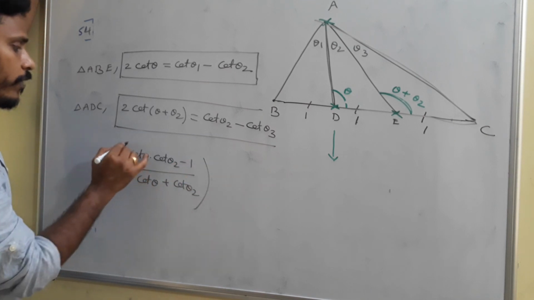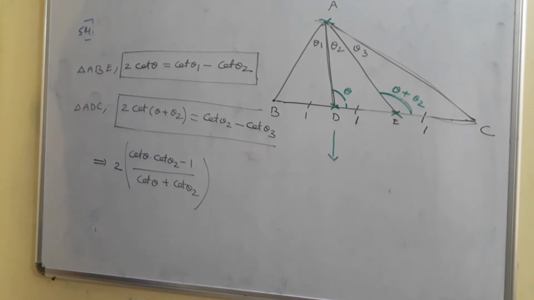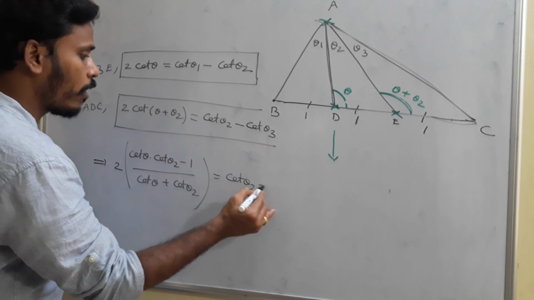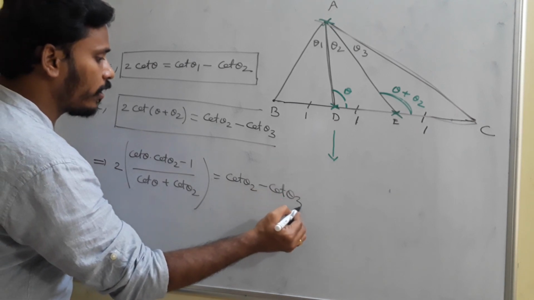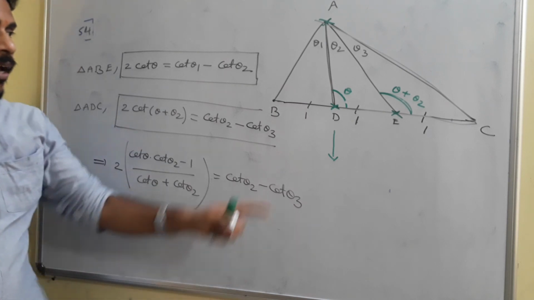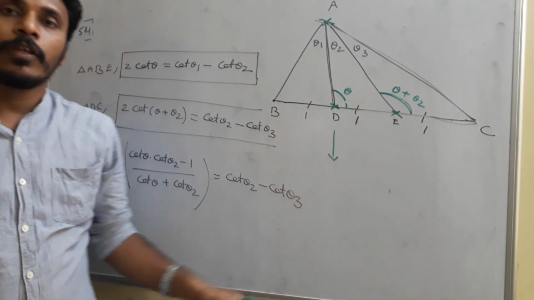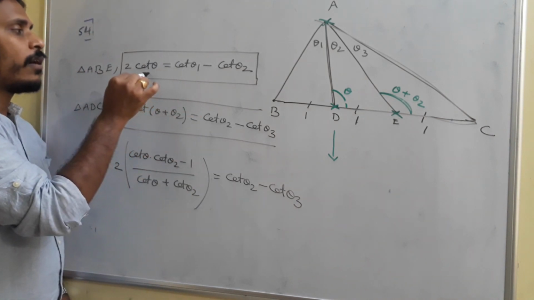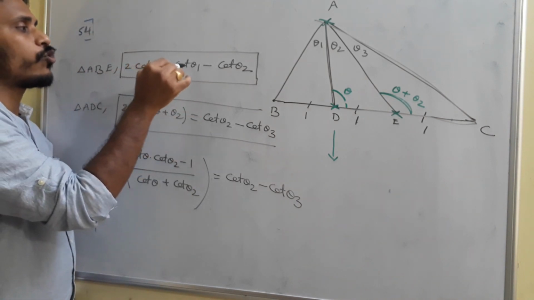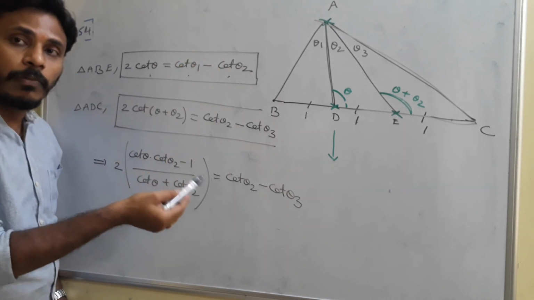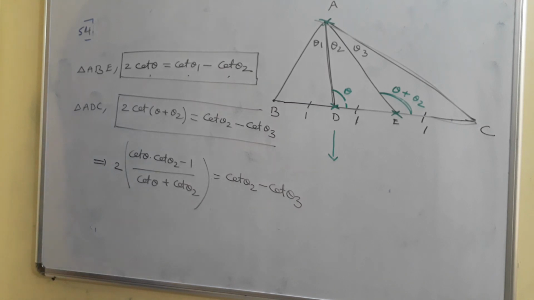This is cot of theta plus theta 2, which is equal to cot theta 2 minus cot theta 3. Now we need to remove cot theta. Actually theta is the additional angle which we marked. So to remove that cot theta, replace 2 cot theta equals cot theta 1 minus cot theta 2 here in this formula. Then on simplification you will get the required answer. Okay, just have a look.